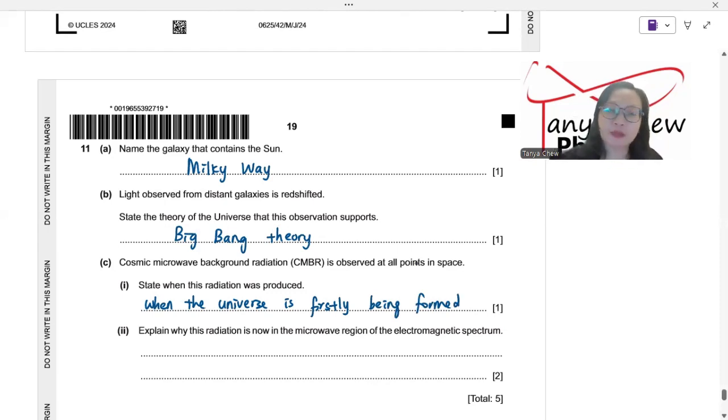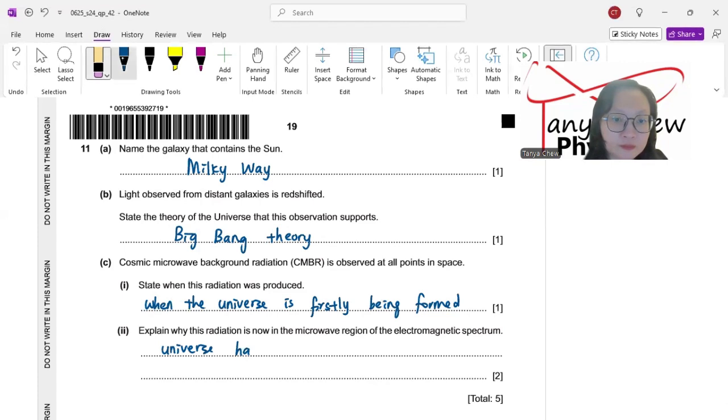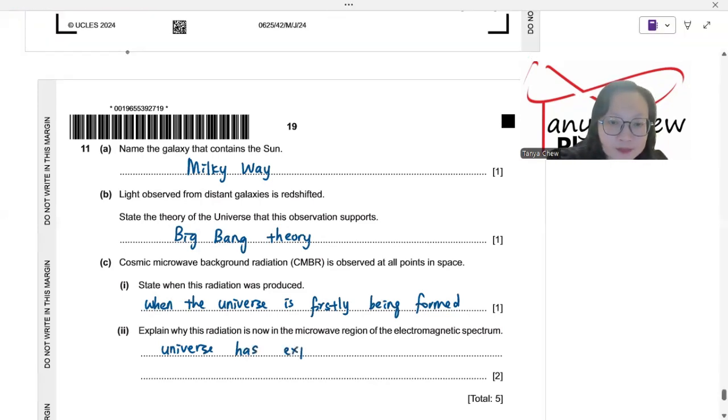Now, the second part, explain why this radiation is now in the microwave region of the electromagnetic spectrum. Why? Because it has already cooled down actually, and then it gives out longer wavelength, and the universe has expanded.